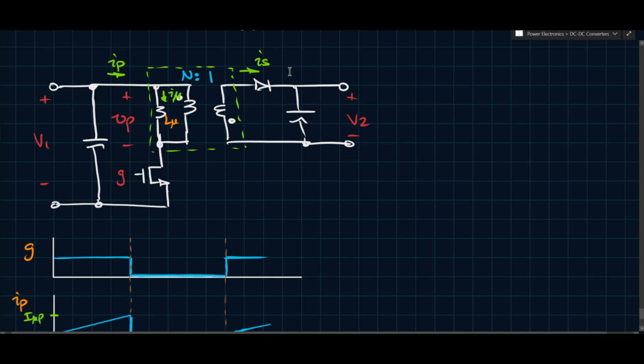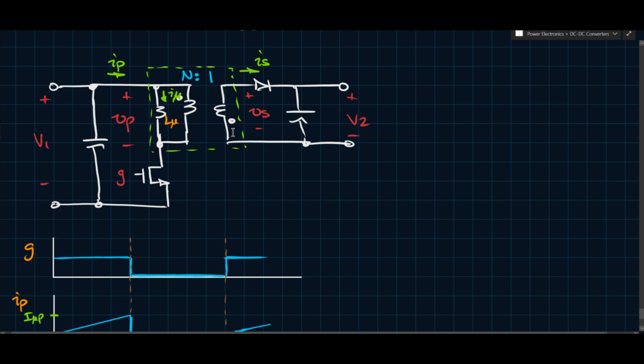If this diode is forced to turn on, we see that Vp ends up being negative of this voltage that's applied here. And if we call this voltage Vs, then it ends up being negative Vs because of the flipped dot convention. It's a little hard to see because we wrote over it, but the dots of these terminals are flipped in this case, meaning the voltage polarity on either side of the transformer is flipped relative to one another.